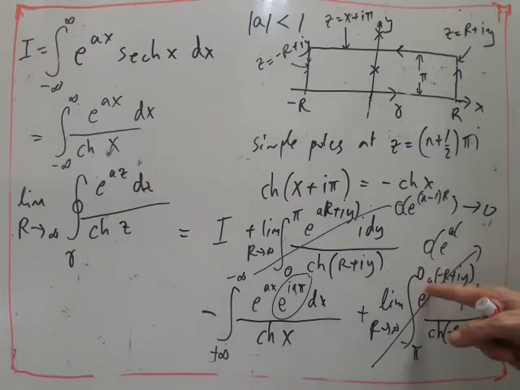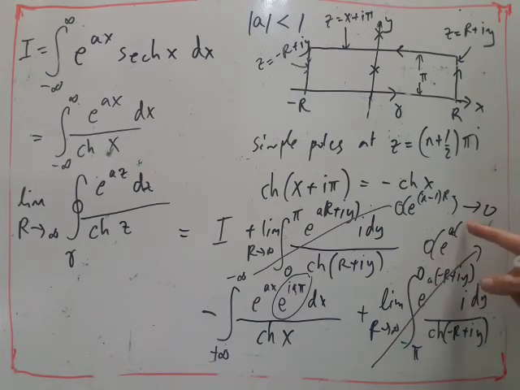If a is positive, then we don't have a problem anyway. If a is negative, then this will be positive overall. Okay, it's not going to be a problem anyway. But whatever happens, this is going to tend to 0.